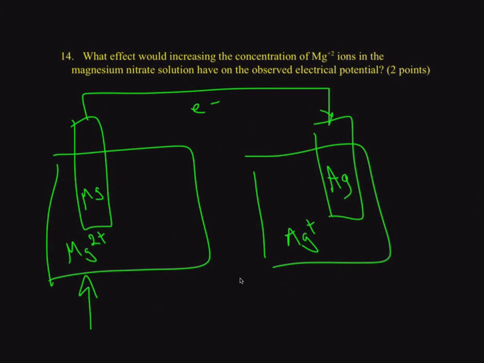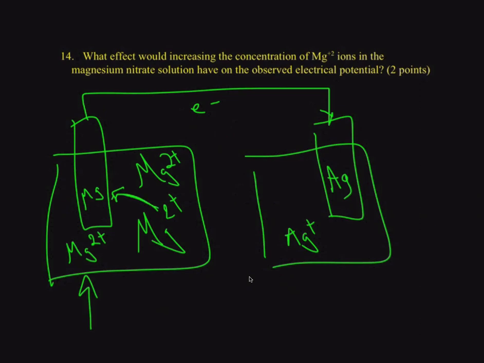When you change the balance that's established in a reaction, the system, which is the reaction, is going to try to compensate to undo whatever it is you've done. So if I increase the number of magnesium ions in the solution, the way the system is going to compensate is by trying to remove some of those ions and return them to the magnesium metal.